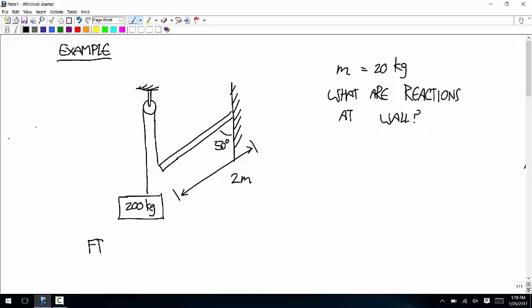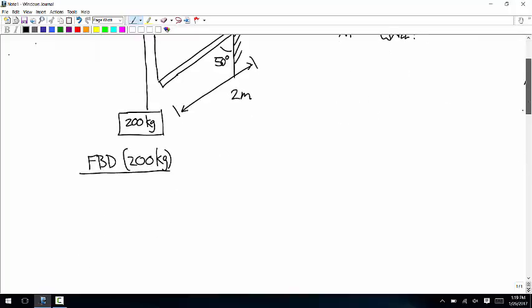So, okay, free body diagram of the 200 kilogram mass. We have a weight of 1962. And then the cable force is up.